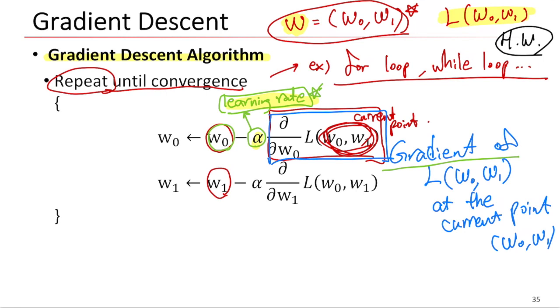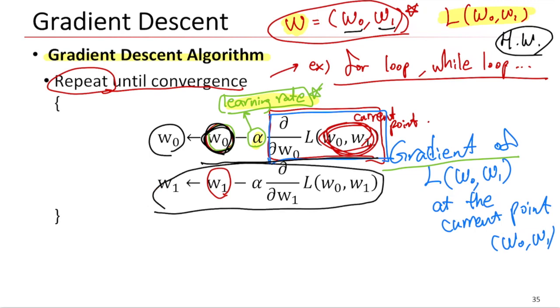Okay, with this equation, we can update the parameter W0 to the next parameter value, right? We have W0 and we also have W1, right? So for W1, we do a similar thing with this equation.